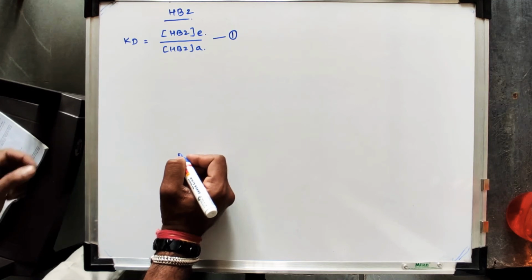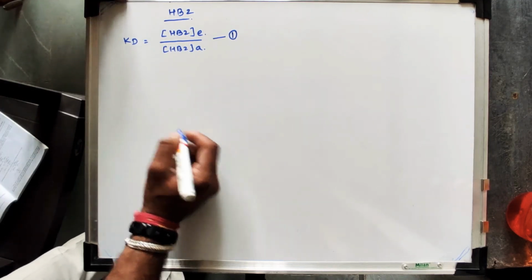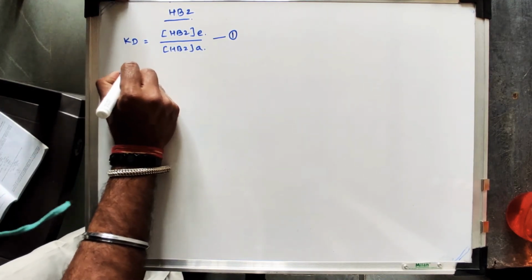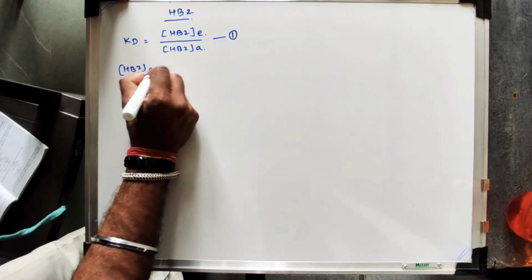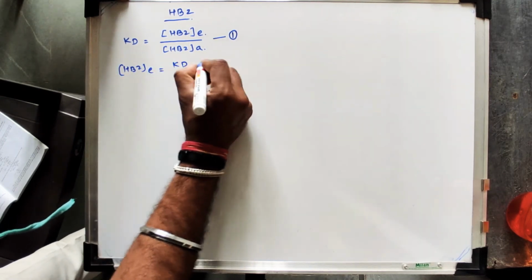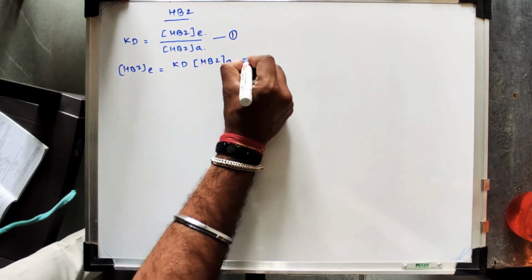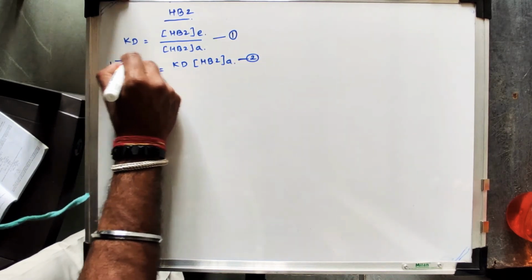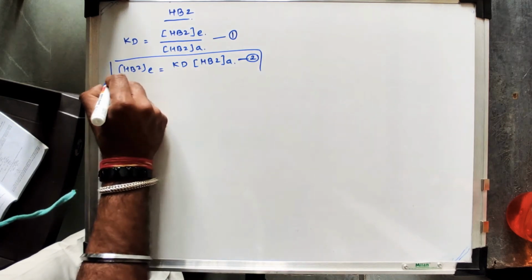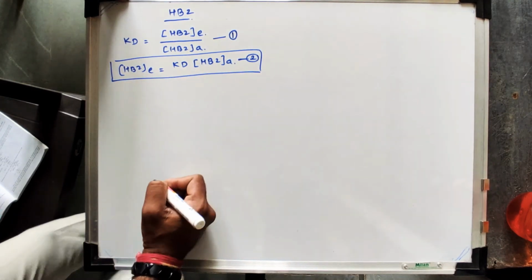Now, suppose I want to find the value of HBz in ether. From this equation, I can write Kd into HBz in aqueous. This is equation number 2. This is an important one, right?